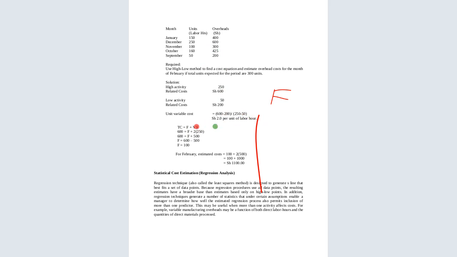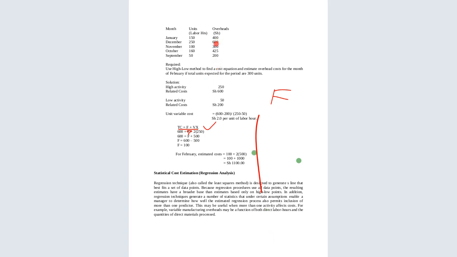So from the cost function, our total cost is equal to F plus Vx. We replace our total cost with 600, the highest value of the dependent variable. We don't have the value of F; we are looking for F, but we have the value of V and X. Our V, which is the variable cost, is 2 shillings, into 250.